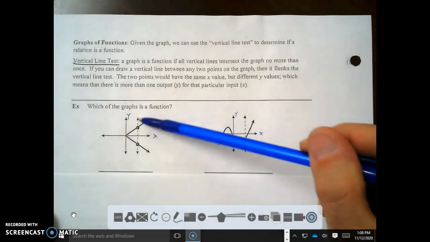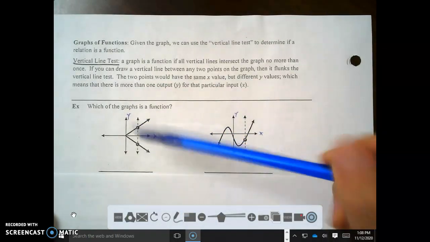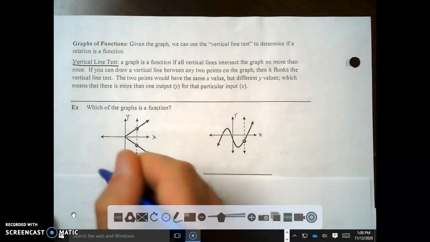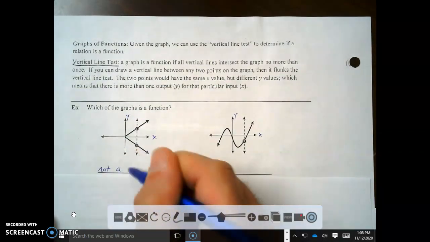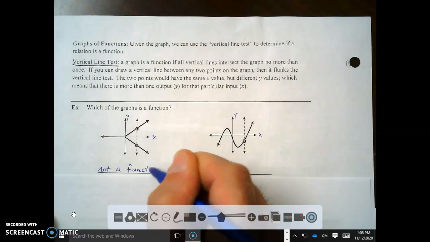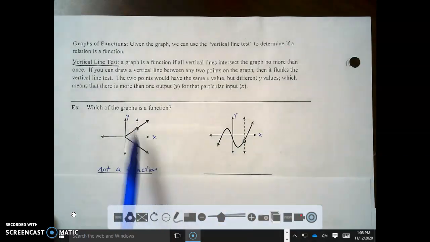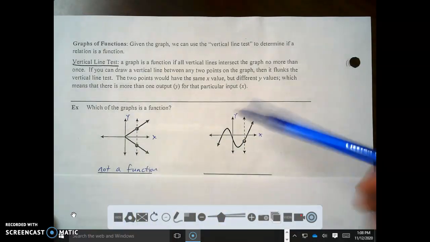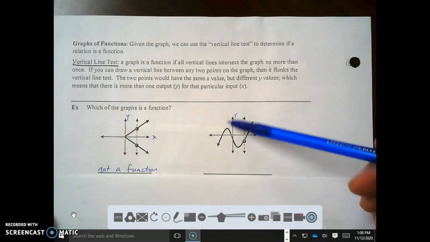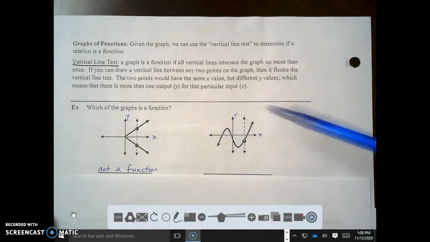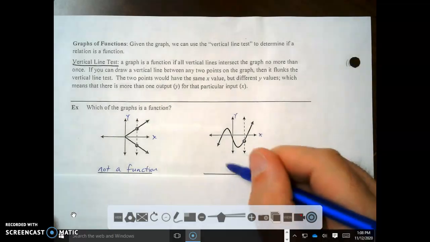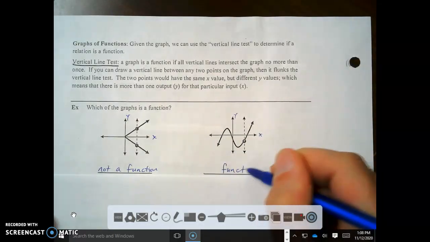If a vertical line can go through the graph more than one time, it is not a function because that input has more than one output. If a vertical line can only ever go through that one time, it is a function.